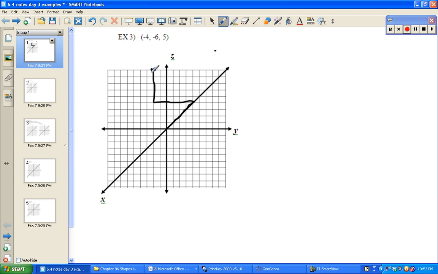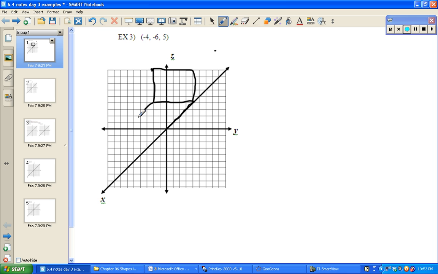Alright, and then like we said before, this L is part of our rectangle, so we're going to continue out the back part of the rectangle here. And then since we went back 4, we're going to come out toward us 4. So we're going to go diagonally 4 from each corner.